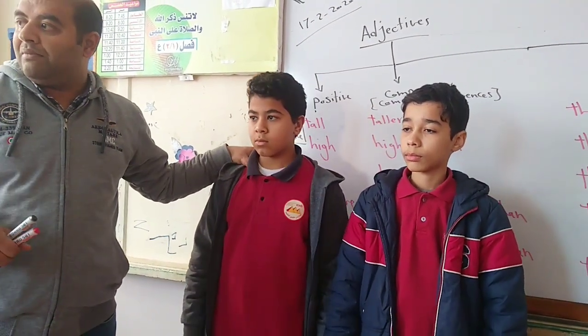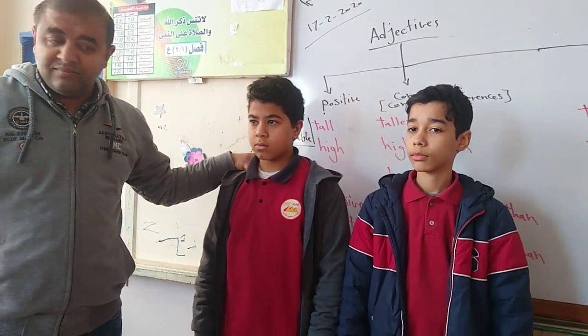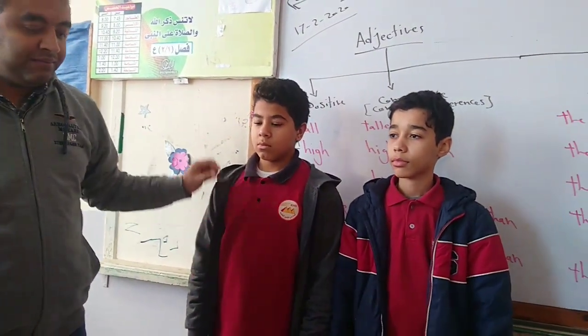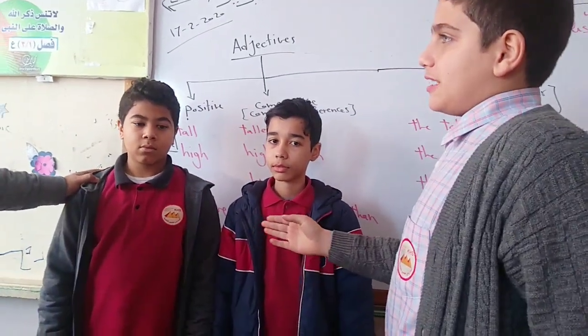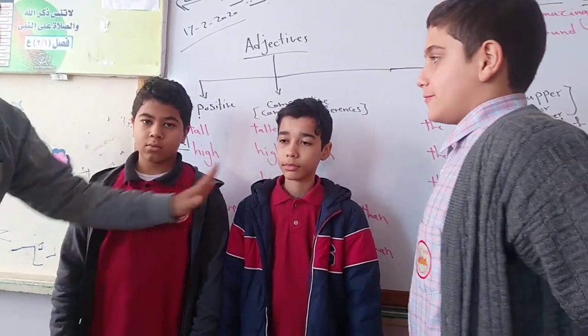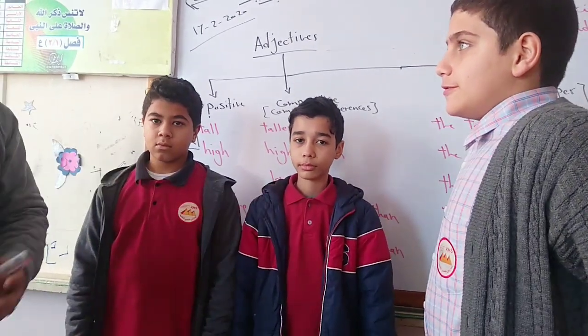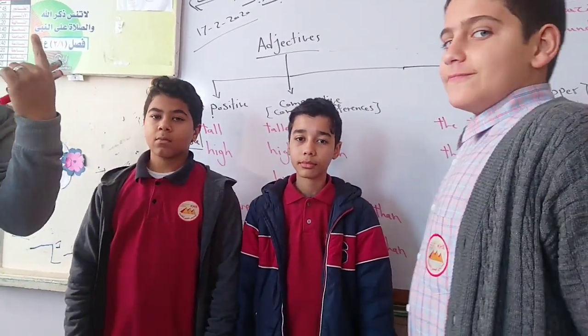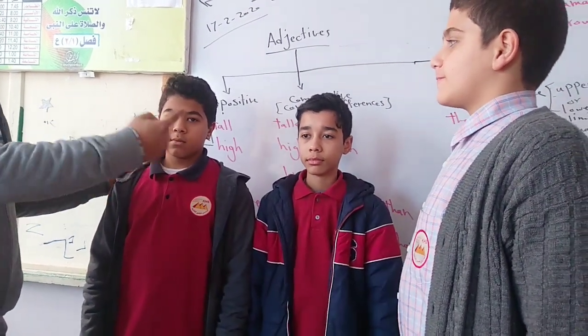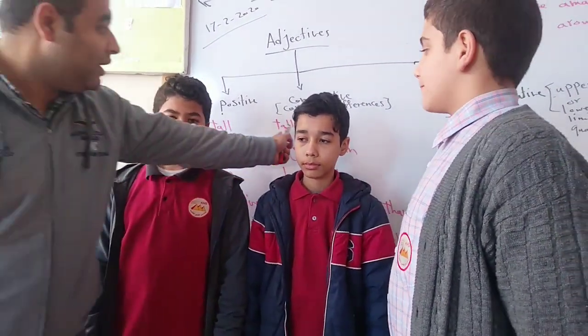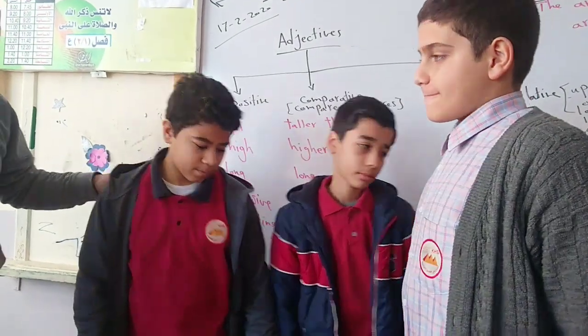Yes, Omar, come. Stand here. Your sentence. Marwan is taller than Mahmoud. Here I am making a comparison between two people, Marwan and Mahmoud. So we use taller than. Okay, thank you. Sit down.